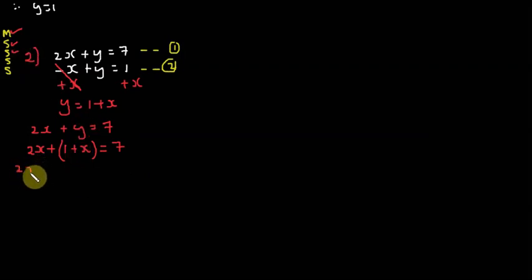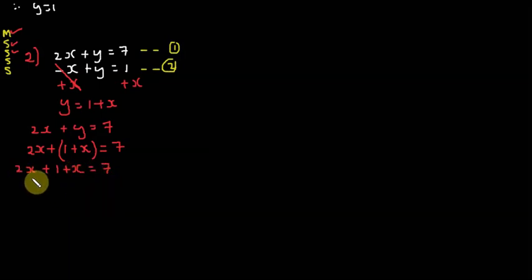Here we have 2x plus, and if I remove the brackets, it will be the same, 1 plus x equal to 7. I simplify. We're still at the simplifying stage. So 2x plus 1 plus x equal to 7.